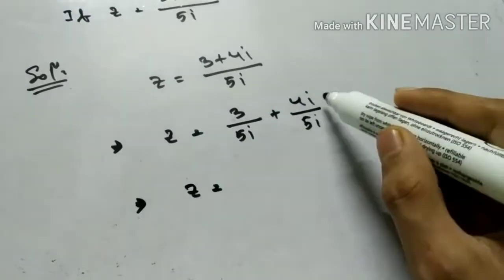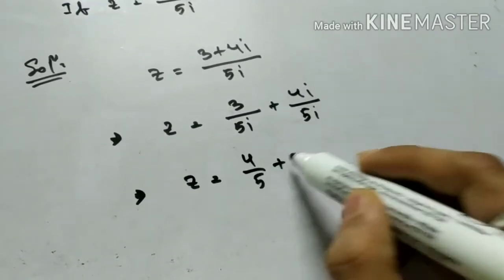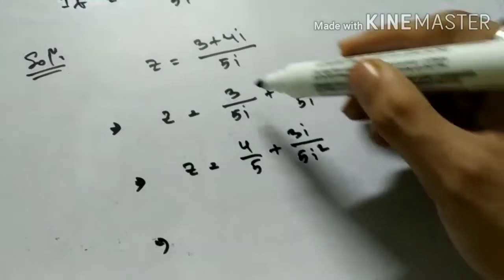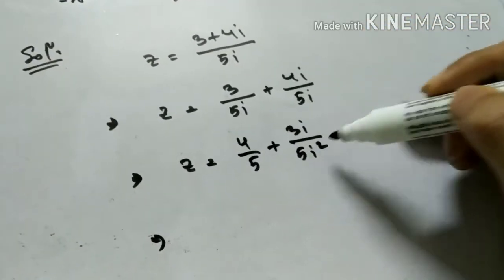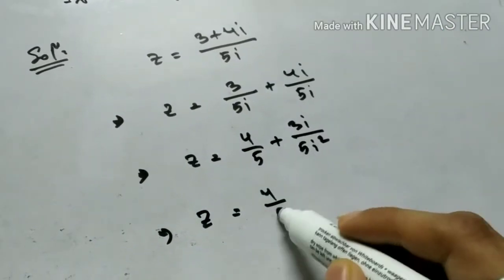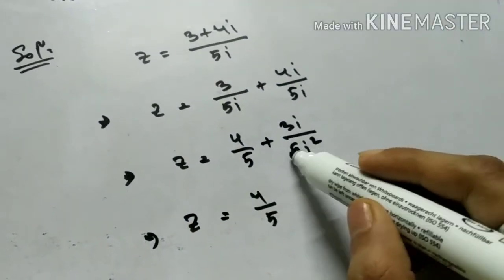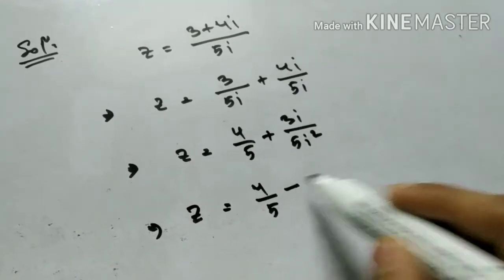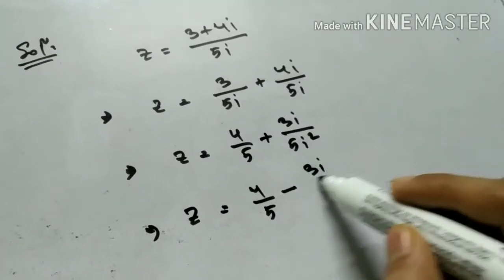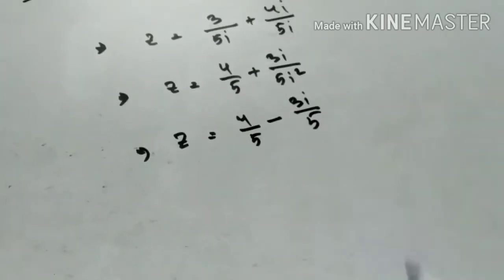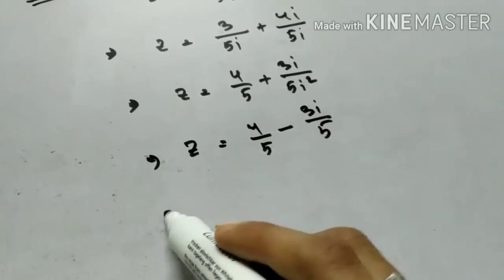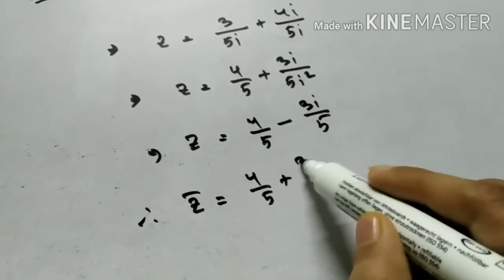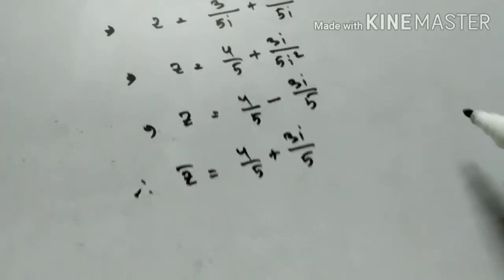So Z is equal to 4 by 5 plus 3 by 5i square. Now i square is minus 1, so minus 5 becomes, minus will go to the numerator, and I can write Z is equal to 4 by 5 minus 3i by 5. Therefore Z bar will be 4 by 5 plus 3i by 5.